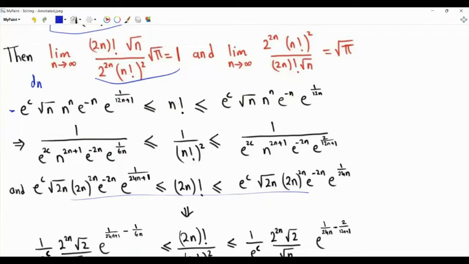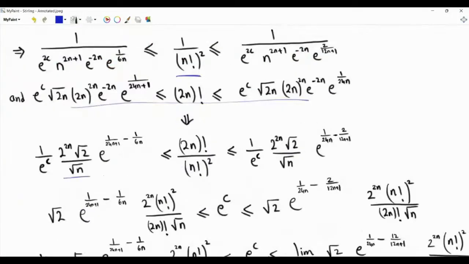If we take the reciprocal of all sides, and of course change the inequalities, and then square, we can have upper and lower bounds on 1 over the factorial of n squared, and then we can multiply. After doing this, we will get those lower and upper bounds on this quantity here.